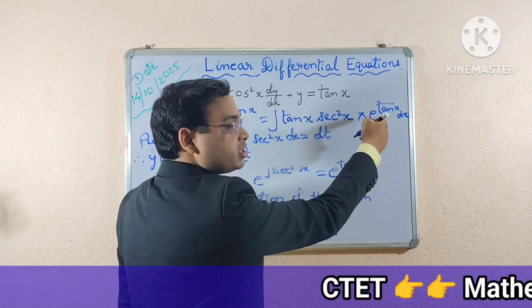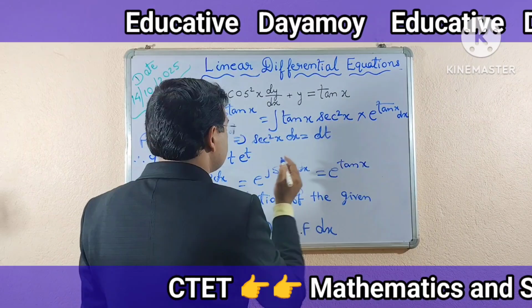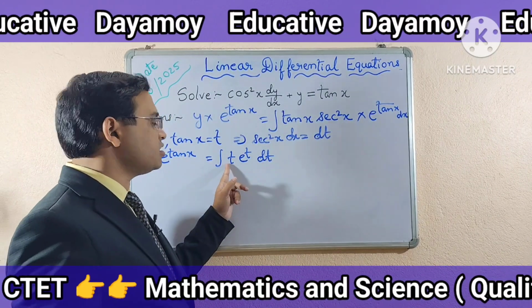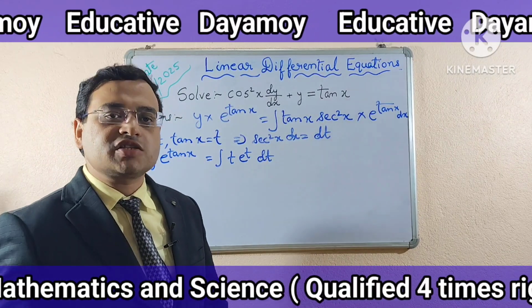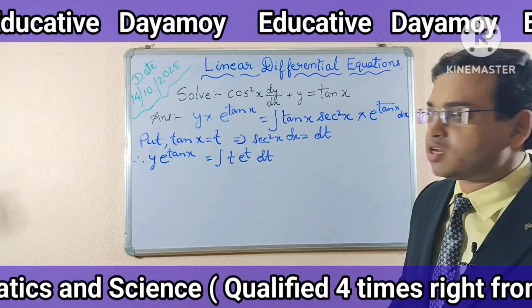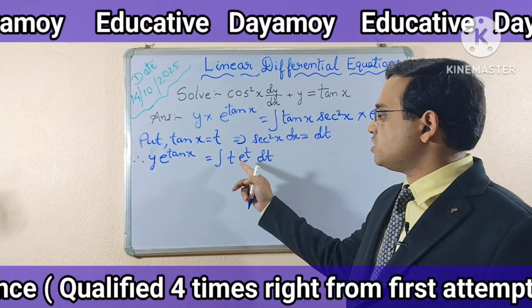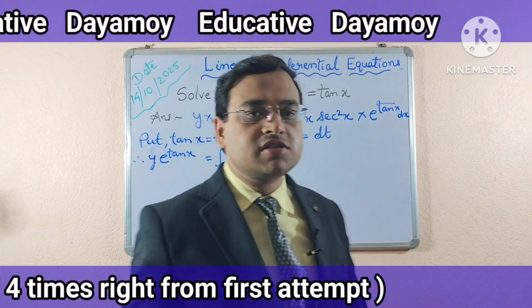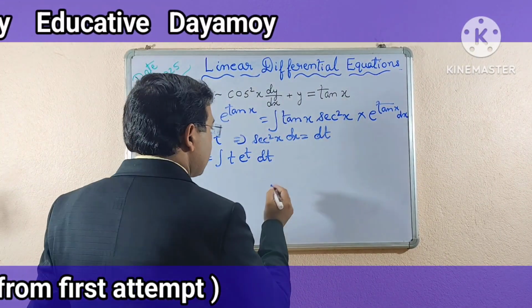Now see here, this t is an algebraic function and e to the power t is an exponential function. So I will use the property of ISLET.